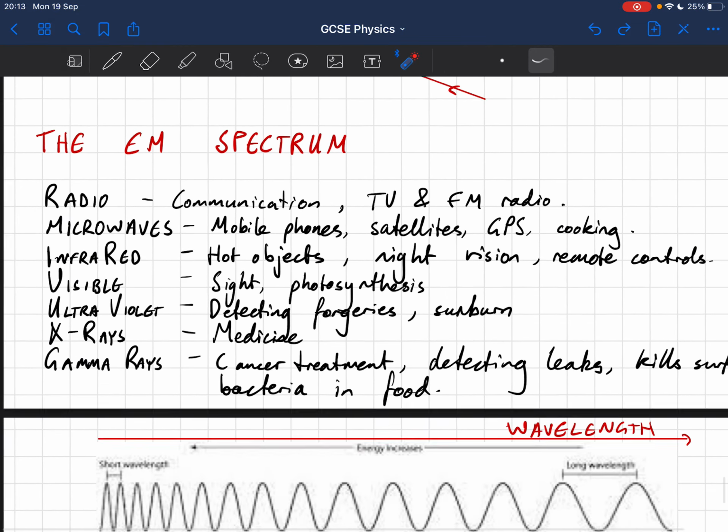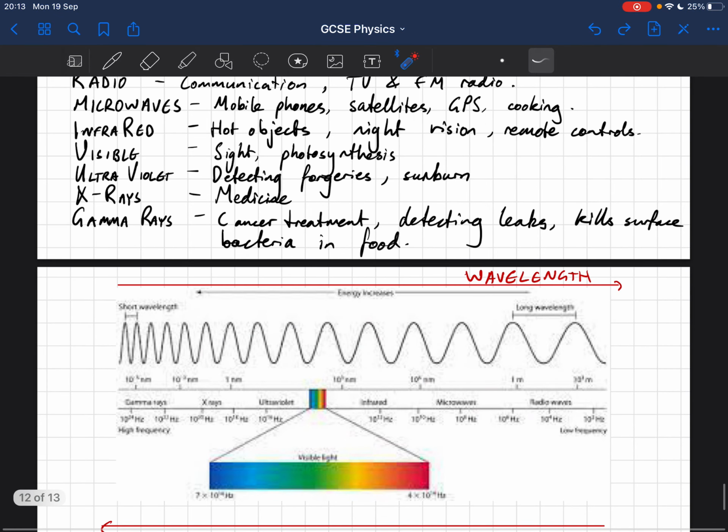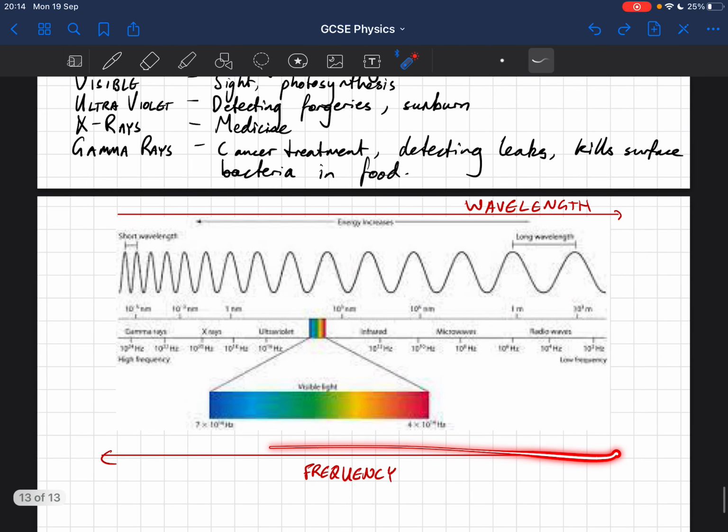Okay, so the electromagnetic spectrum, which I touched on briefly there, goes from long wavelengths to shorter wavelengths, and in doing so it goes from low frequency to high frequency. Okay, so wavelength increases going this way and frequency increases going this way. So our high frequency, low wavelength waves are gamma rays, and our low frequency, high wavelength waves are radio waves.